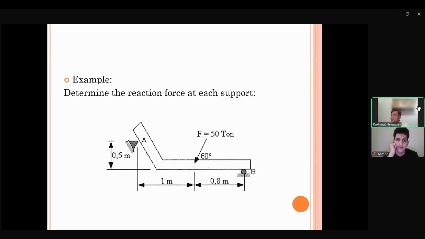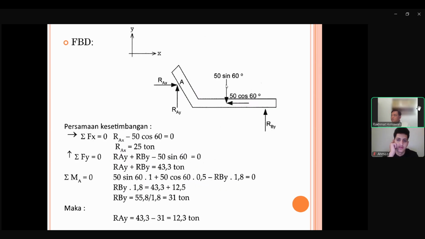I believe it's 1. Yeah, 1 meter to point A. So distance of 50 sine 60 is 1 meter. That's why this is 1. 50 sine 60 multiplied by 1, plus 50 cos 60. This one also has a rotation effect to point A in clockwise direction.